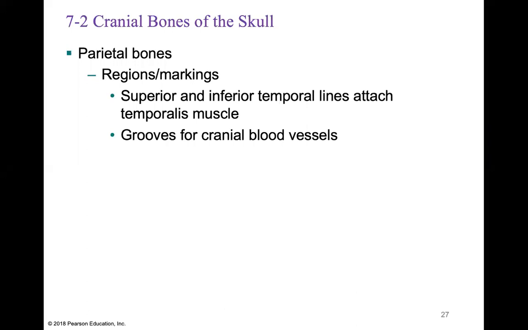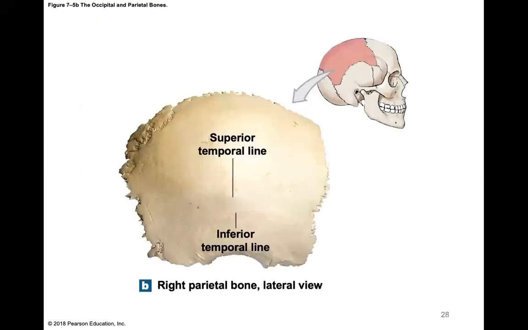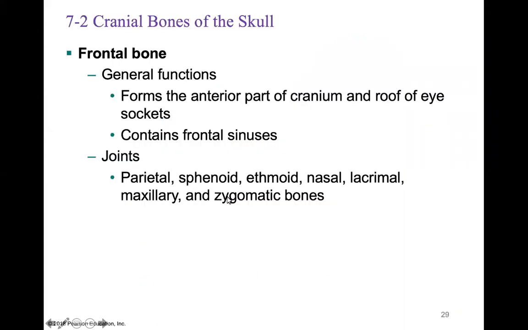Regional markings, you'll see the superior and inferior temporal lines, which will attach to the temporalis muscle, as well as grooves for the cranial blood vessels. Again, I know it's very difficult to see on this image here, but there are actually little protuberances or lines that are sort of sticking up here that would be for muscle attachments.